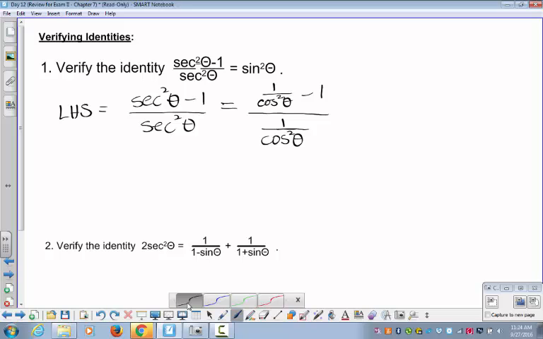Now to clear the fractions, we have a fraction in the top, a fraction in the bottom. We can do what we just did with that square root thing. We can multiply each term by cosine squared.